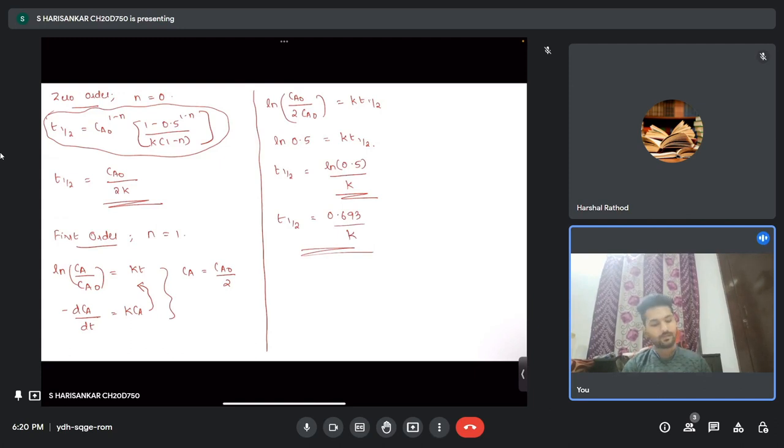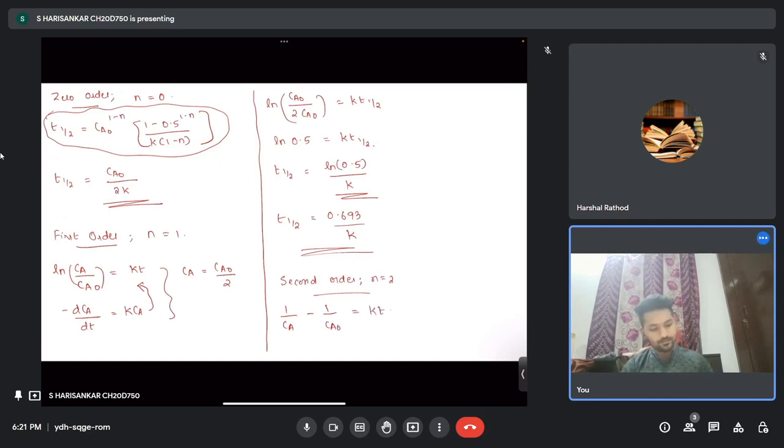So similarly, we can do for various orders as well. We'll do second order and then we'll stop there. So let's say for second order, n is equal to 2. The general equation for second order is 1 by Ca minus 1 by Ca0 is equal to kt.